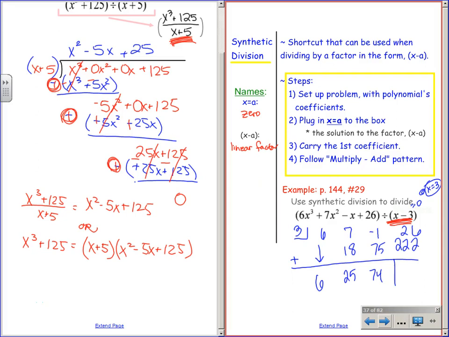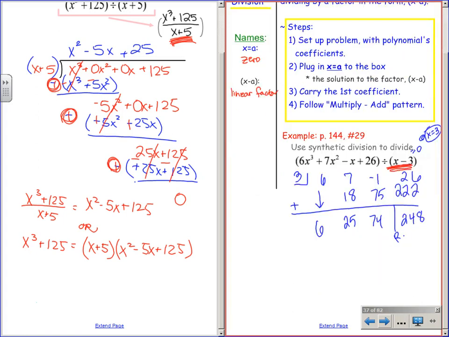Here's the crazy thing. Every time you divide a polynomial by a linear factor, the degree always goes down 1. So where it had 4 terms originally, now it only has 3 terms. I'll show you why in just a second. But this last term is still important. It's going to be the remainder. So I could rewrite without doing any long division.